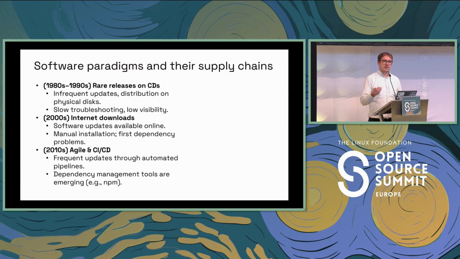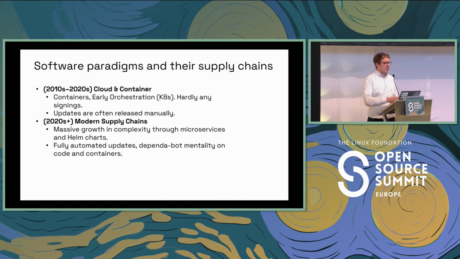For sure, the internet came. We have internet downloads and the possibility of doing this on a website, but it's still a very manual process where you have to reorganize yourself within your organization to fulfill a specific update criteria. Then the 2010s were all around Agile and CI/CD coming in, so it was much more automation and realizing what all the dependencies of the tools and technologies are that you use within your portfolio day by day. And coming to now, it's much more around cloud and containers.